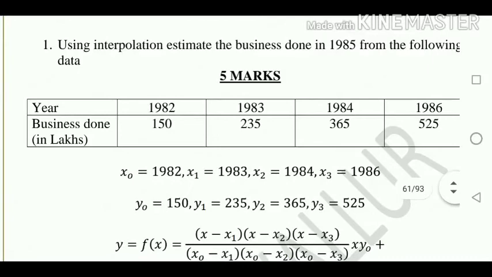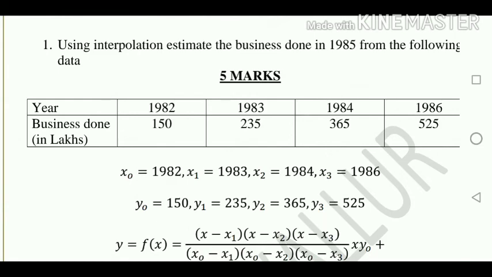Now using interpolation, estimate the business done in 1985 from the following data. Here the years are given as 1982, 1983, 1984 and 1986. Business done is 150, 235, 365 and 525.